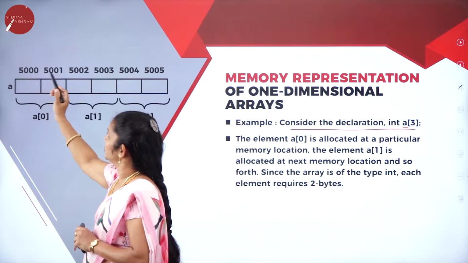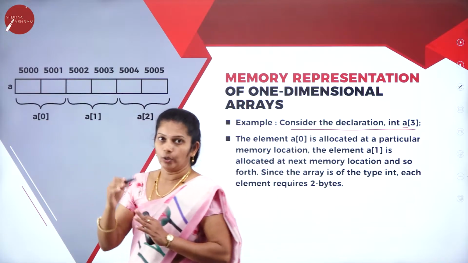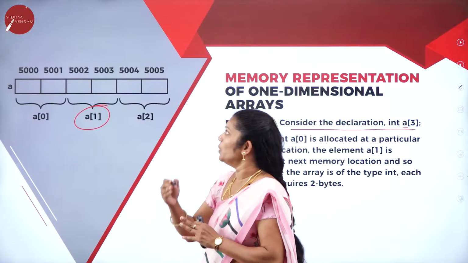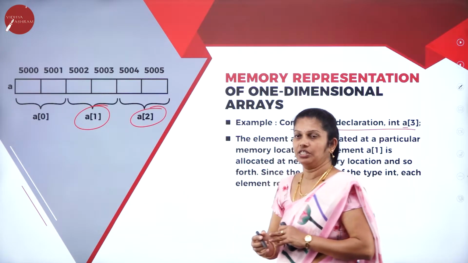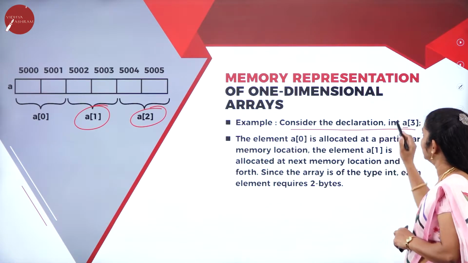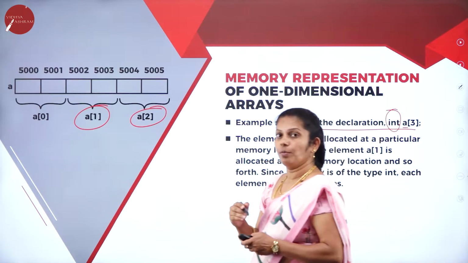For example, 5000 and 5001 will be the first element's memory location, and the second one will be 5002 as well as 5003. Then a of 2 memory location is 5004 as well as 5005. So if it is integer data type, it will occupy 2 bytes of memory space.